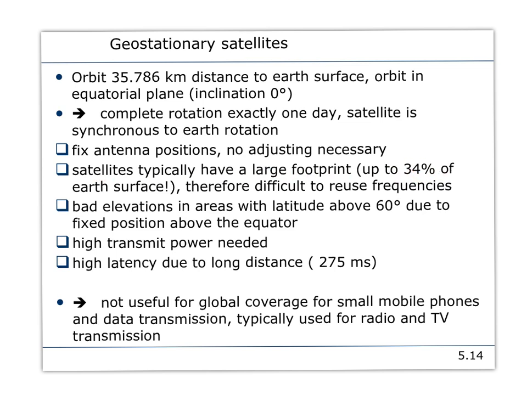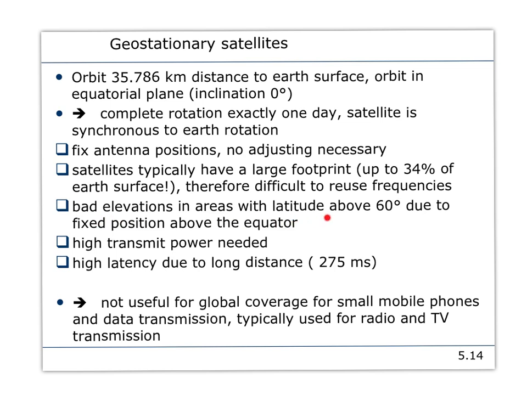So you can have only 3 deployed in different parts around the equator, and that's all. Of course, as you can imagine, because you have to have an inclination of 0 for geostationary satellites, the coverage in the North Pole and the South Pole is usually very tricky, right? So that's one of the issues.